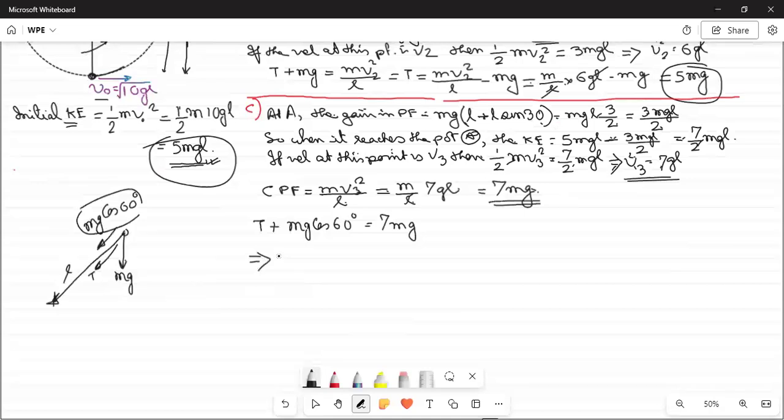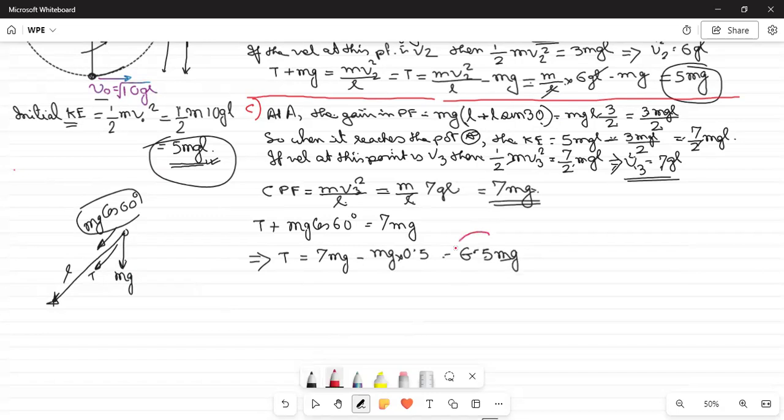From here we find tension is equal to 7mg minus mg cos 60, and cos 60 is 0.5. This is equal to 6.5mg.